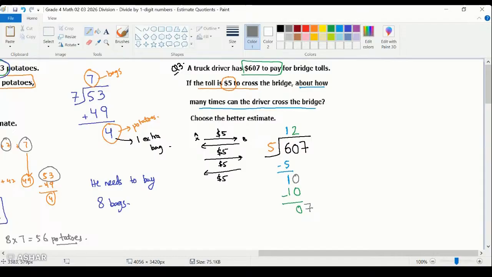Okay. And can 7 be divided by 5? Yes, it can be. So we can say 5 times 1 is 5, and he is left with $2 in the end. So how many times can he do the trip?